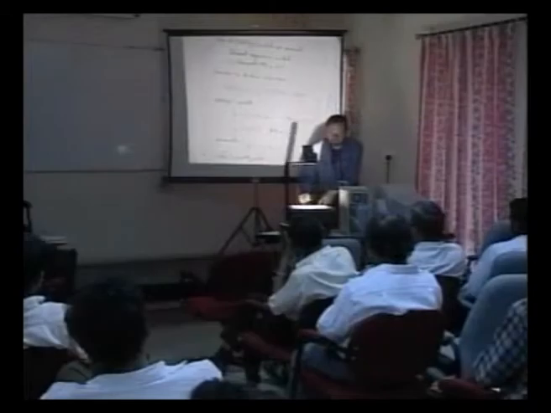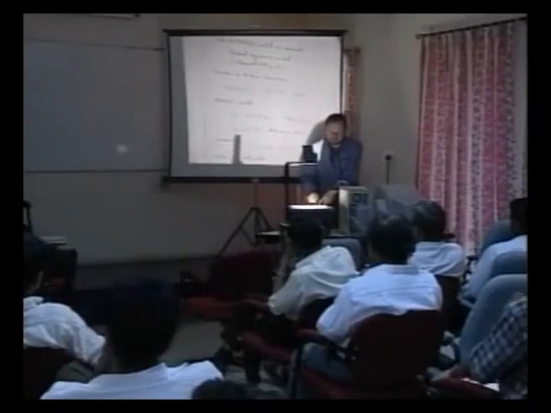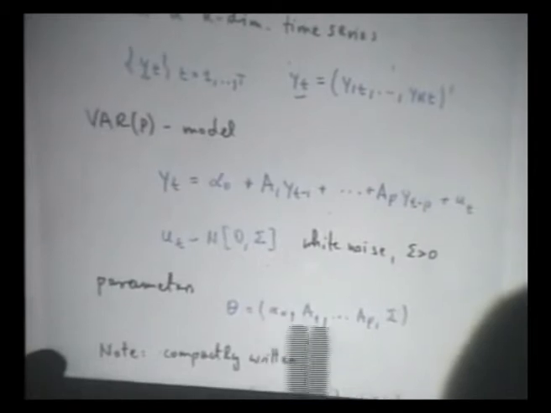So everything is similar to what you have seen in the univariate case, except that now this is a vector and these are coefficient matrices. And the error term ut follows a multivariate white noise series where sigma is now a covariance matrix. So the parameters which have to be estimated are summarized in theta, which is from alpha 0 to alpha p, and sigma.